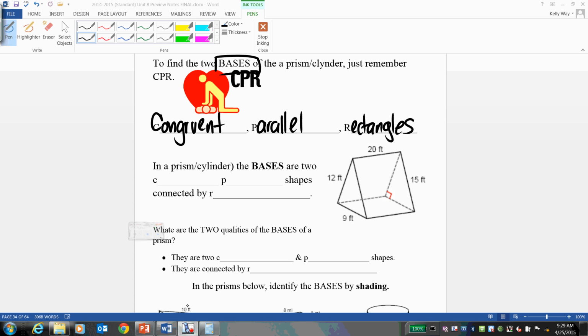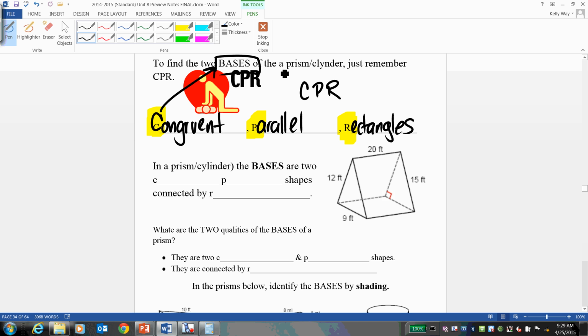They're parallel. And they're connected by rectangles. CPR: congruent, parallel, connected by rectangles. That is the definition of the two bases of a prism. Say that out loud. CPR: congruent, parallel, rectangles.